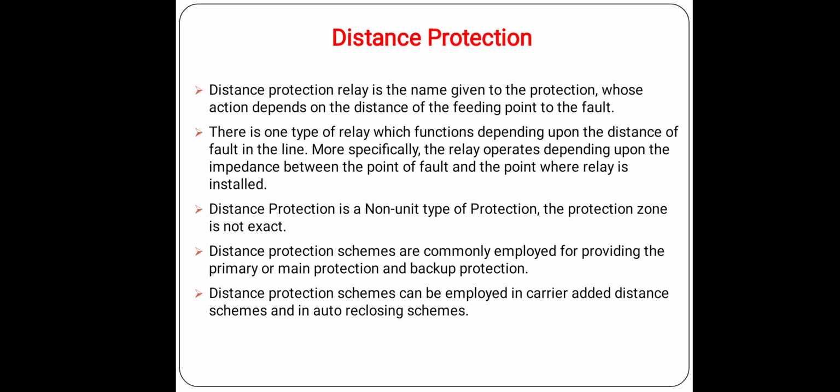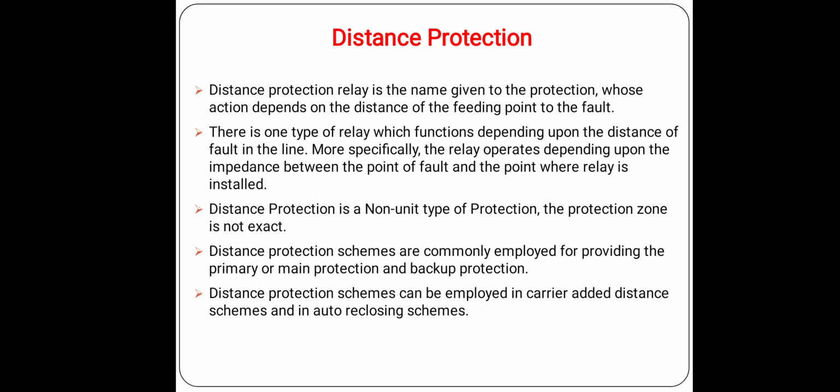The time of operation of such a protection is a function of the ratio of voltage and current, that is impedance. We all know that the ratio of voltage and current is impedance in an AC circuit. This impedance between the relay and the fault depends upon the electrical distance between them. That's why its name is distance protection.